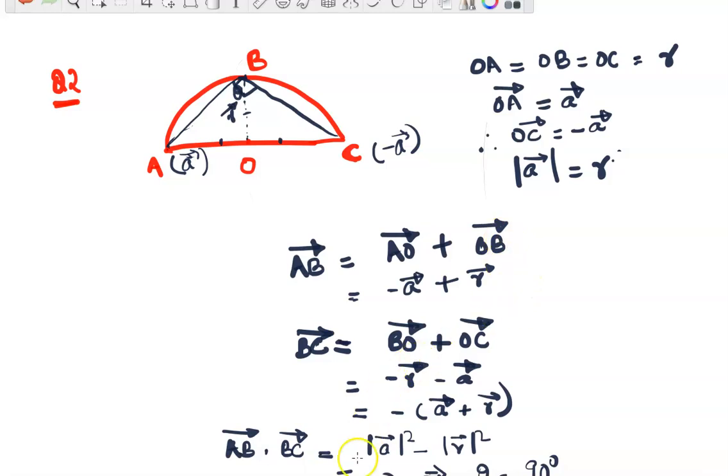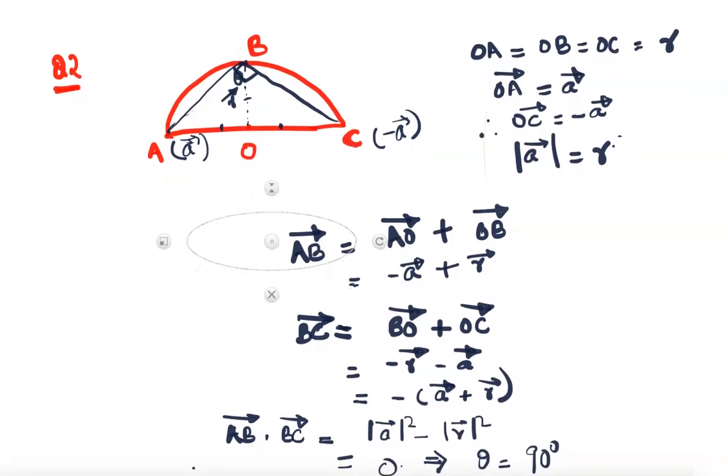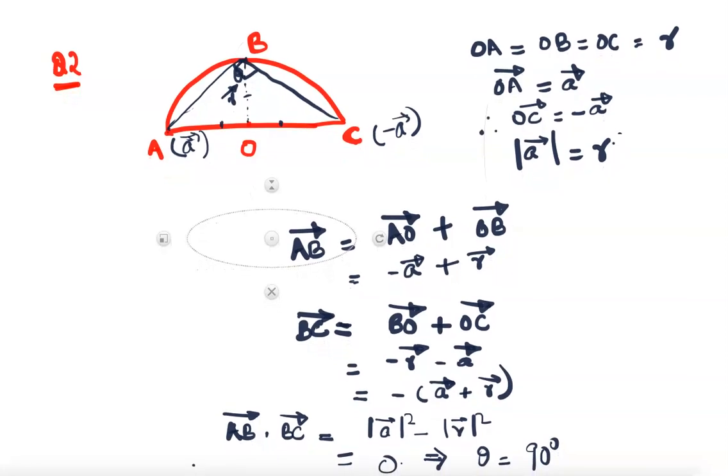Now if I do a dot product of these two vectors, we would see it is A square minus R square. Now we know the magnitude of A is the same as the magnitude of R, so this value comes out to be 0.